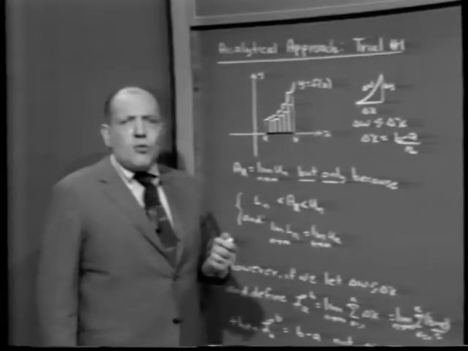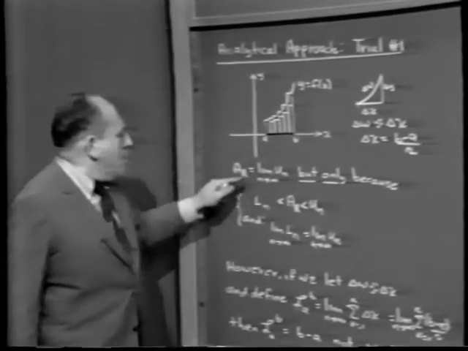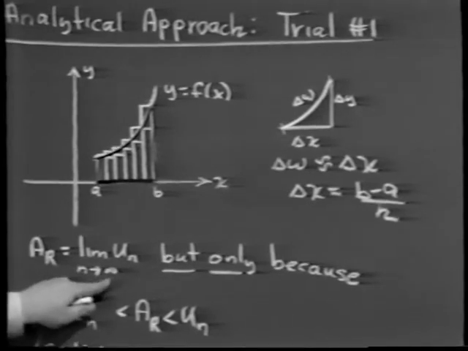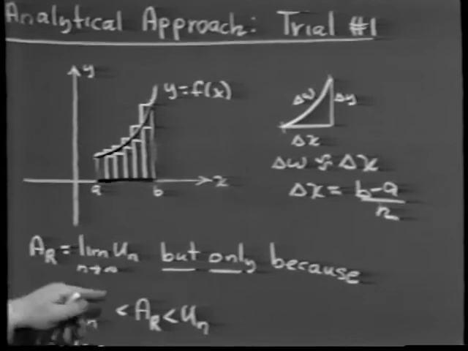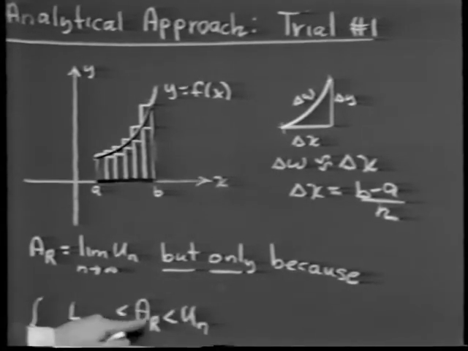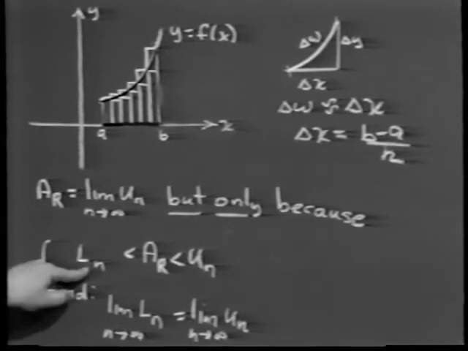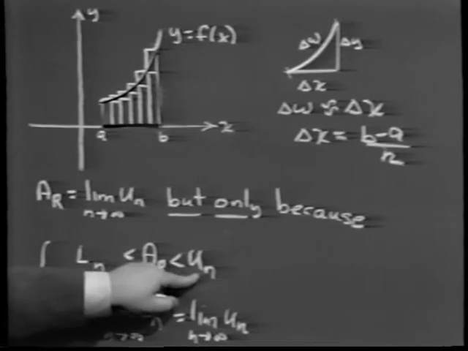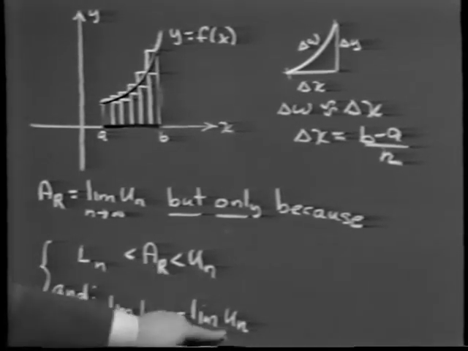And let me point out what is so crucial here in terms of what I mentioned above. Namely, notice that the reason that we can say that the area of the region R is just the limit of u sub n as n approaches infinity, where u sub n is the area of the circumscribed rectangles, the only reason we can say that is because we squeezed A sub R between L sub n, the inscribed rectangles, and u sub n, the circumscribed rectangles, and the limits of these lower bounds and upper bounds were equal.